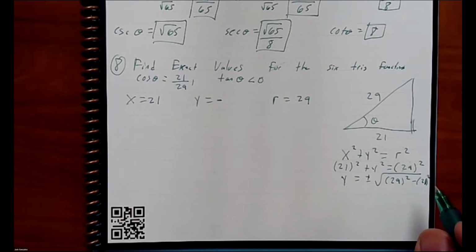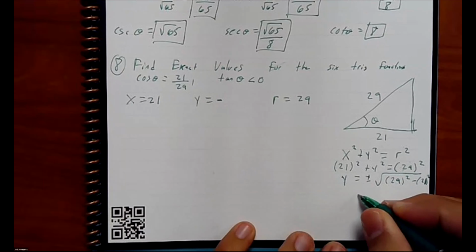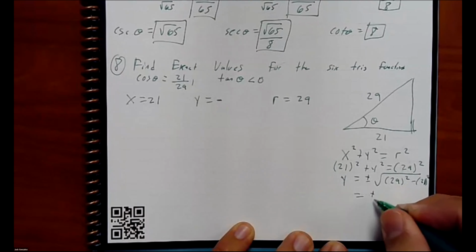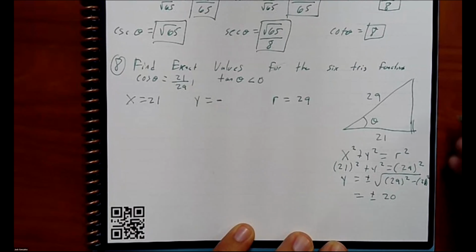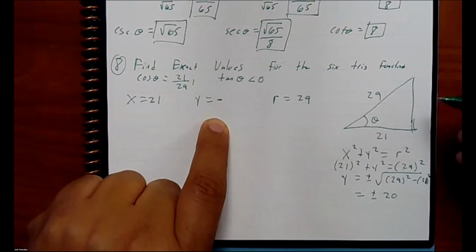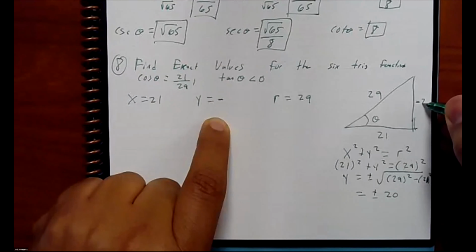What is that going to be? Gives me 20. Is that a perfect triangle after all? Yeah. Nice. But since we know y is negative, we will choose the minus.